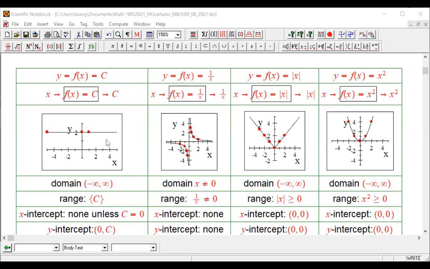So we have a situation that the function is neither increasing nor decreasing. Do you see that? It's neither. Now let's look at these functions, using the definition we talked about.